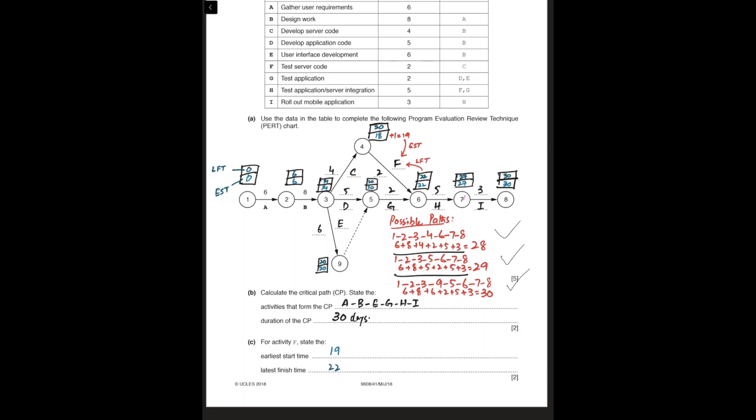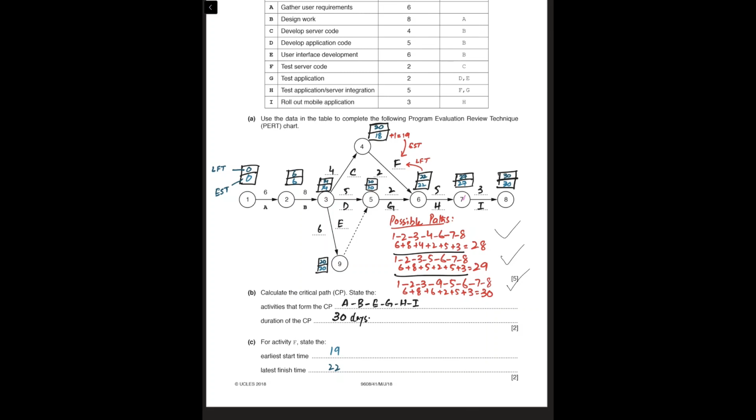As per CIE, if activity C ends on day 18, the next day, 18 plus 1, activity F will start. So the earliest start time for activity F will be 19.